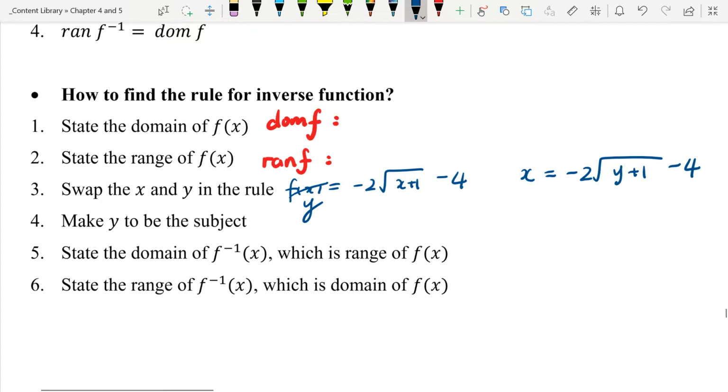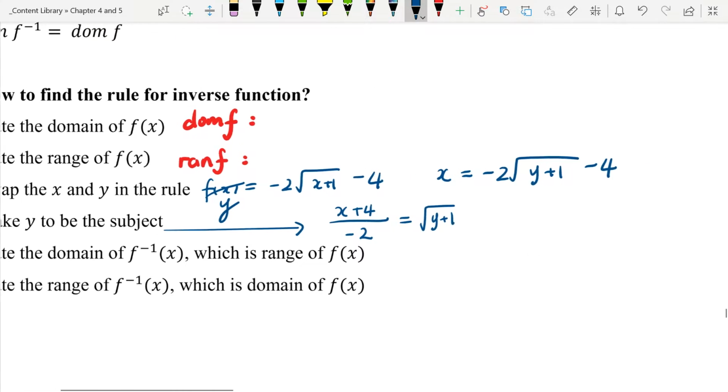Step number 4 is rearrange to make y the subject. We never have a function with x as the subject, so we always have y equals something. So I will rearrange it to make y the subject. So in this case, I will have (x plus 4) over negative 2. It's just an example.